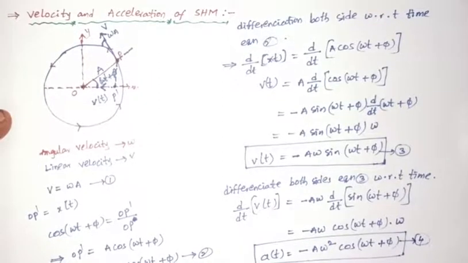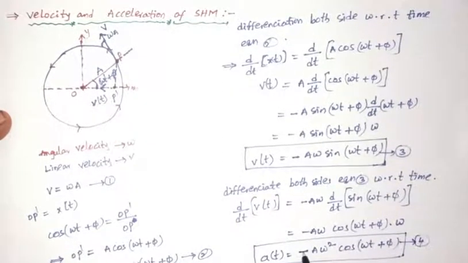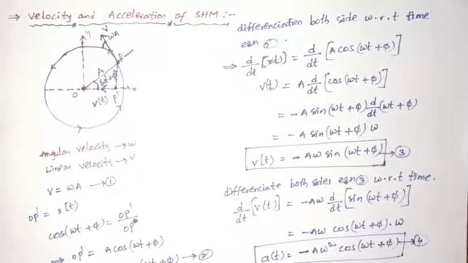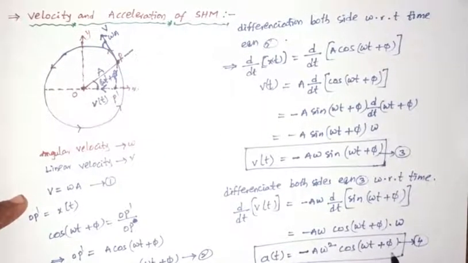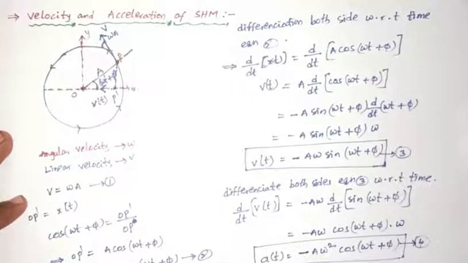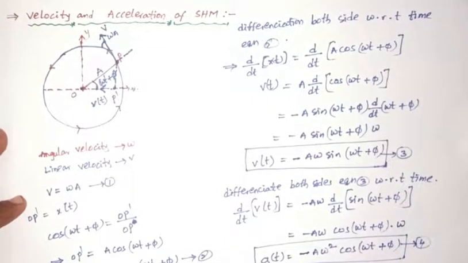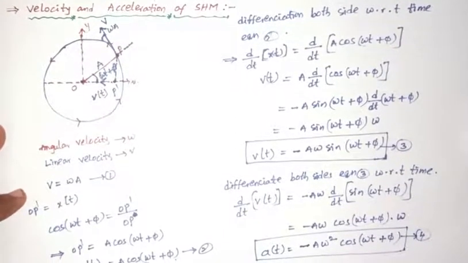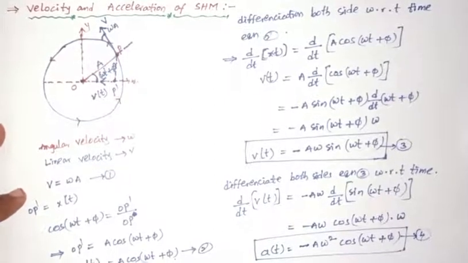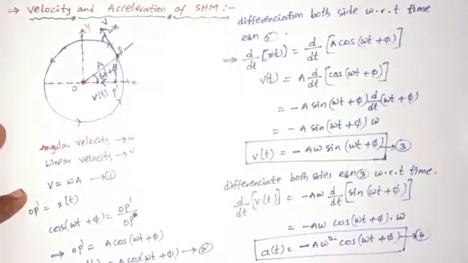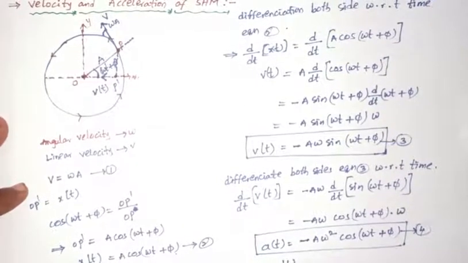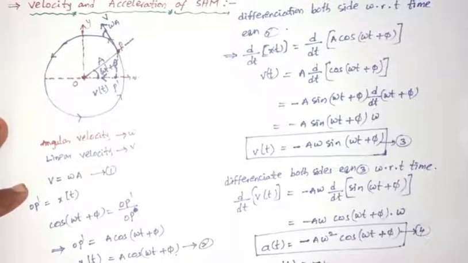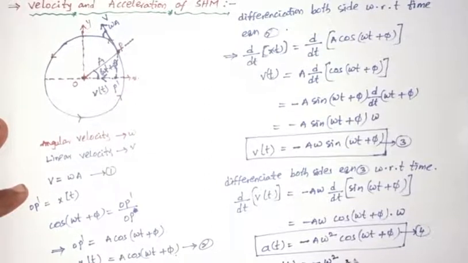The acceleration has a negative sign. In equation number 2, A cos omega t plus pi equals x of t. So a of t equals minus omega square into x of t.